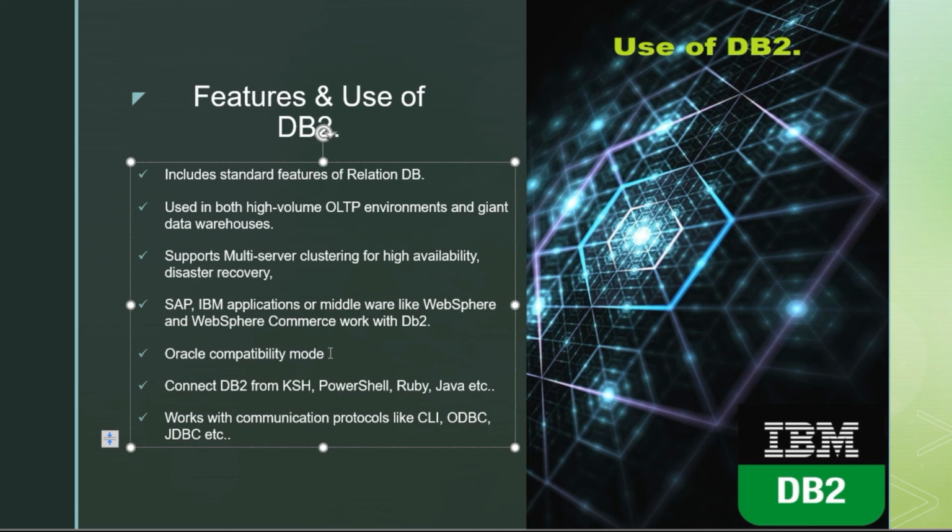DB2 has an Oracle compatibility mode that, when engaged, allows the vast majority of code that runs against Oracle to also run against DB2. We can connect to DB2 from Bash, PowerShell, KSH, C++, Java, etc. And several communication protocols work with DB2 like JDBC, CLI, ODBC and DRDA.